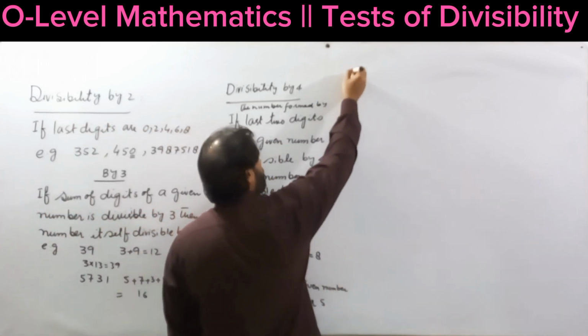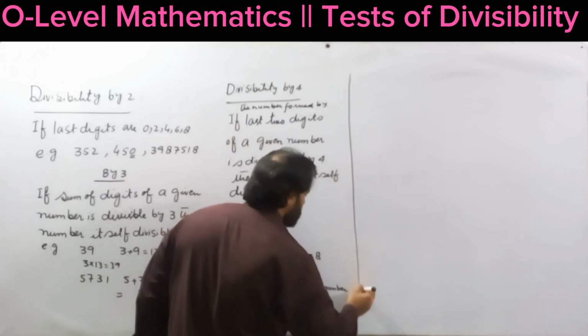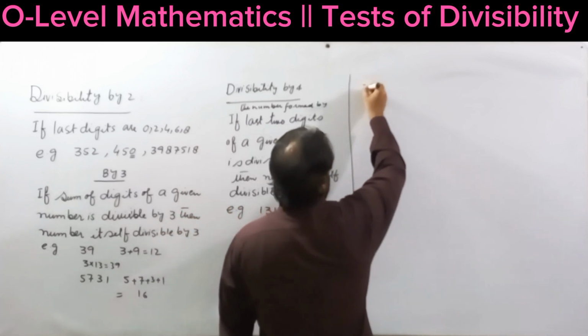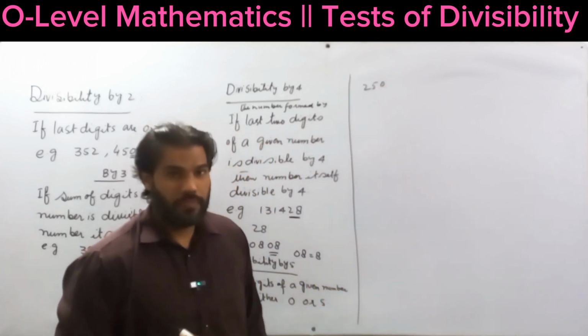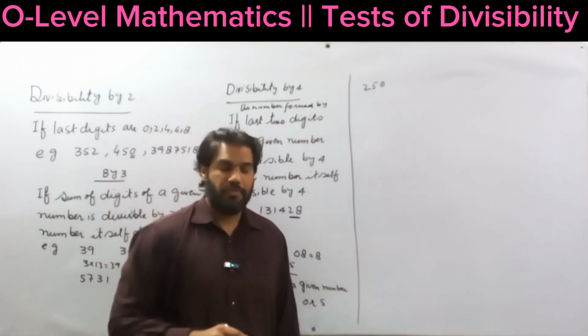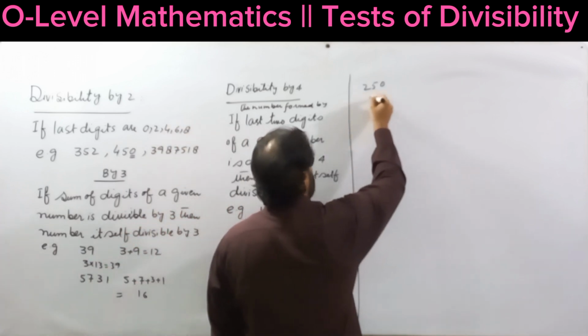For example, 250. As you see, the last digit is 0, so this number is completely divisible by 5. When you divide this number by 5, you will get 50.